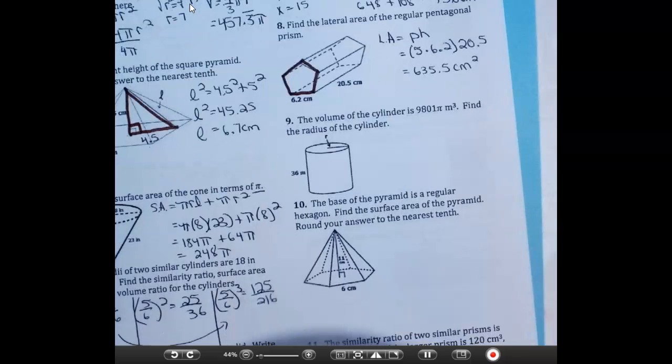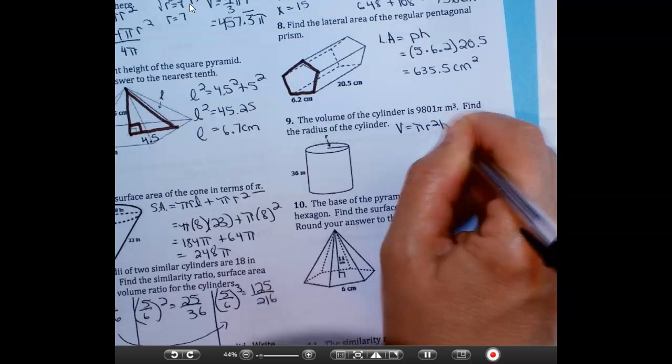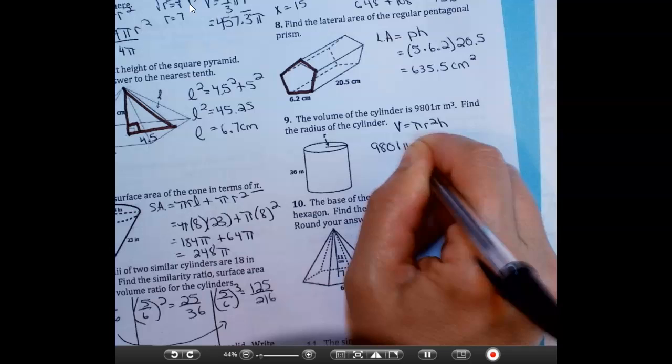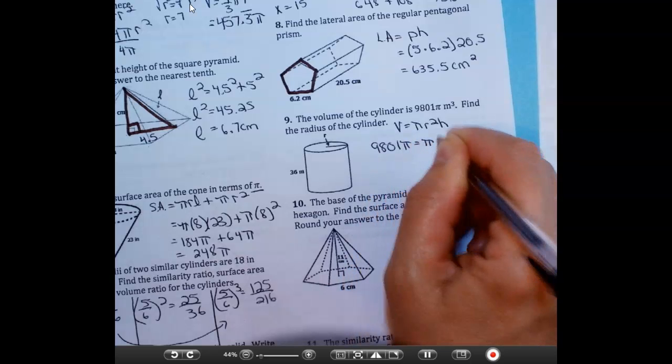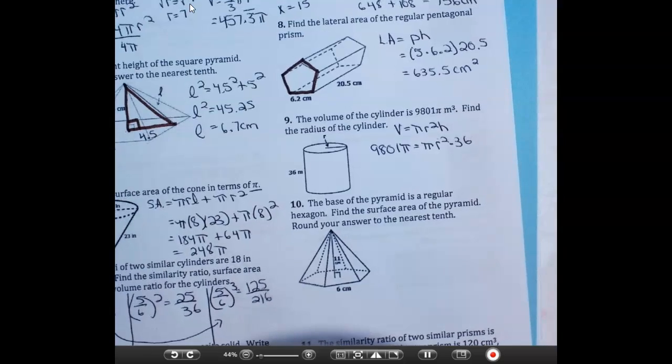Number 9, we're told what the volume is, and we have to solve for the radius. So I'm going to write down my formula for volume of a cylinder, it is pi r squared h. In this case, I'm substituting in what the volume is. I'm substituting in what the height is, and I'm going to solve for the radius.